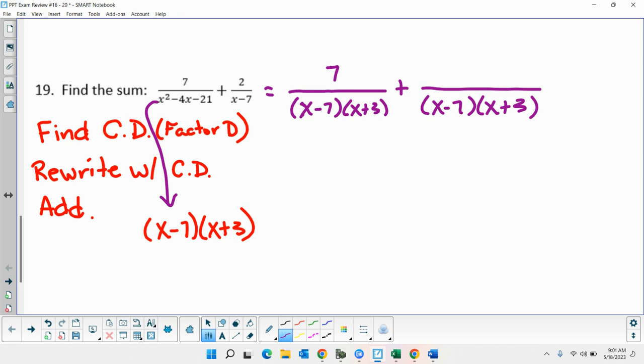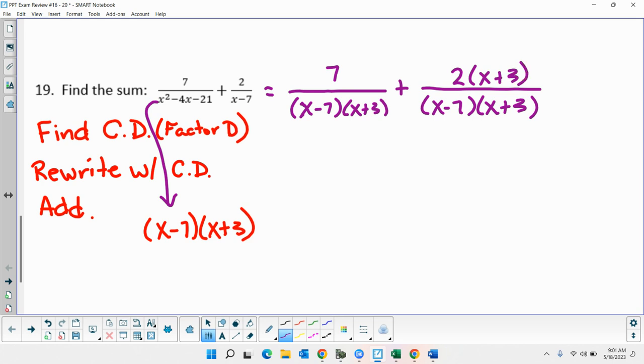I just have it in factored form, that's all. Now, look at the original denominator for the second fraction. It was x minus 7. What did I do to it? I multiplied by x plus 3. So what do I have to do to the 2? The same thing, right? I have to go 2 times x plus 3 for that one.